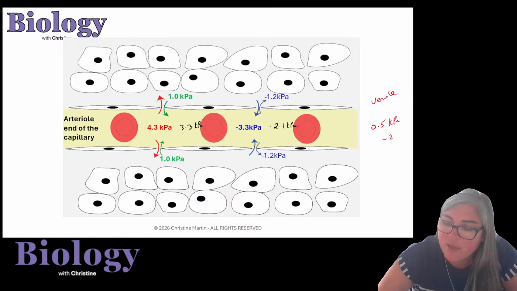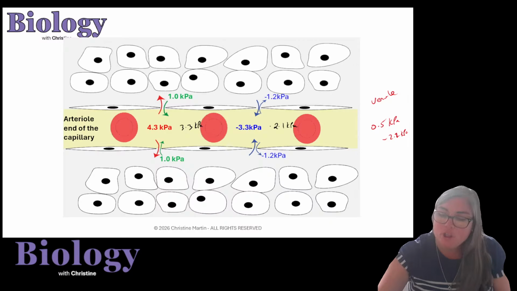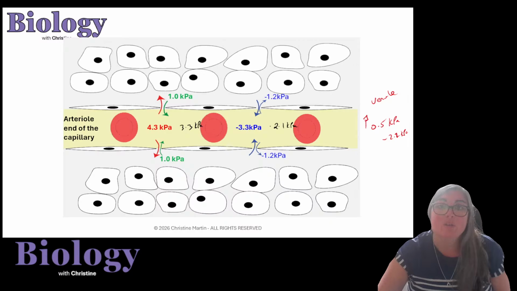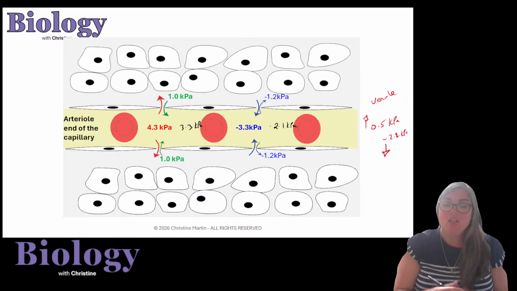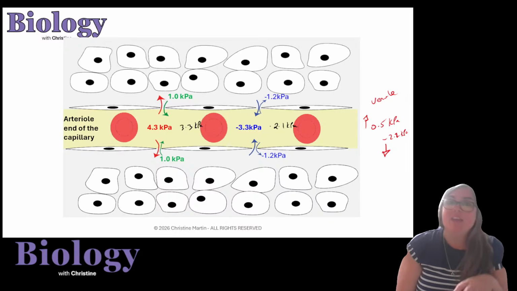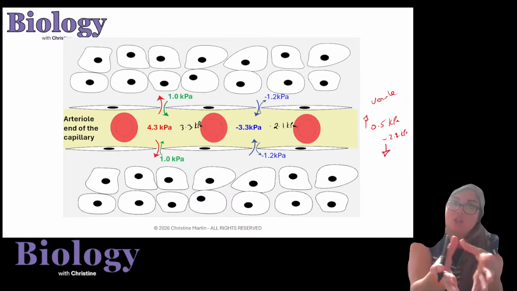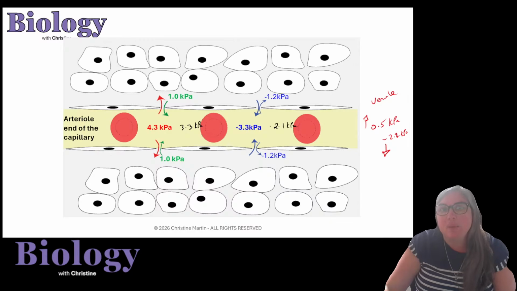We still have minus 2.1 kilopascals pulling back in. So we're pushing out with 0.5 kilopascals, but pulling back in with minus 2.1 kilopascals. So overall, the oncotic pressure is greater than the hydrostatic pressure, and the fluids are being moved back into the capillary.